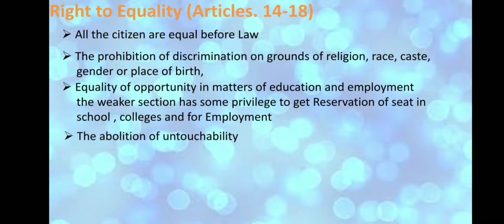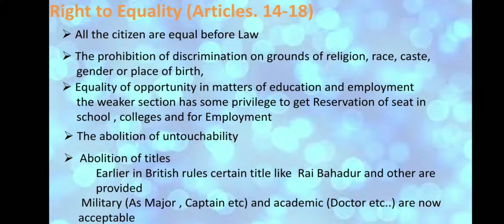And this even includes the abolition of untouchability. What is untouchability? It is the discrimination of people on the ground of religion, race, caste, gender, or place of birth. So all of these should be abolished. And the abolishing of titles.